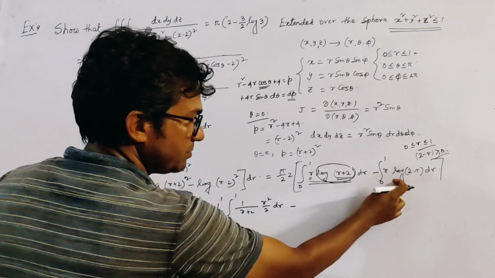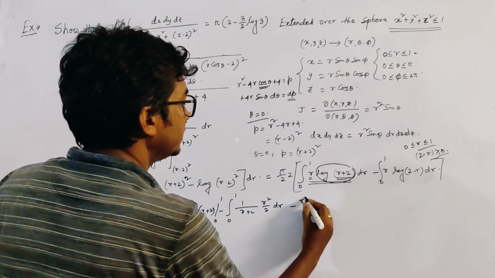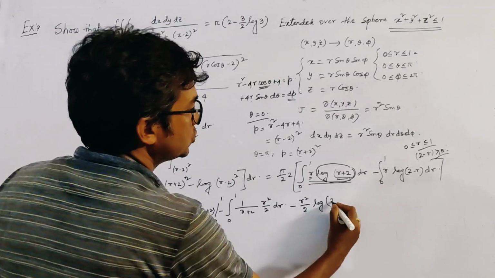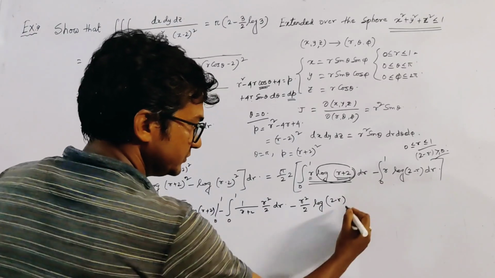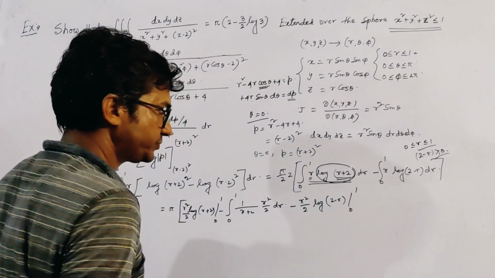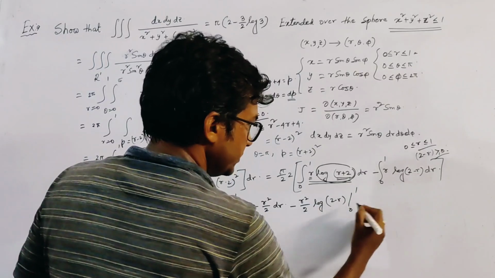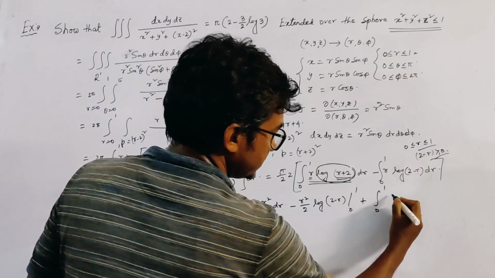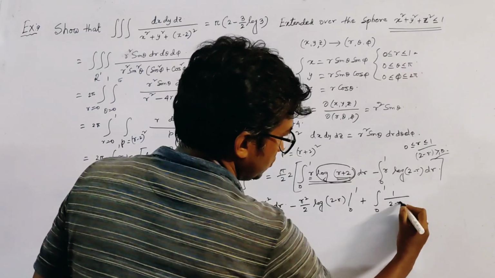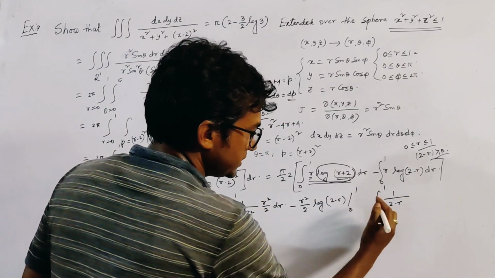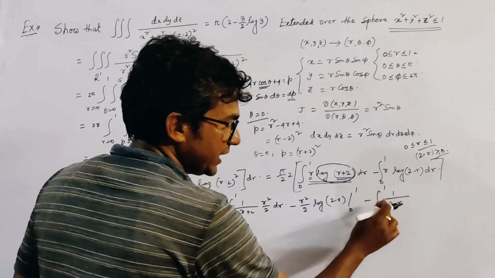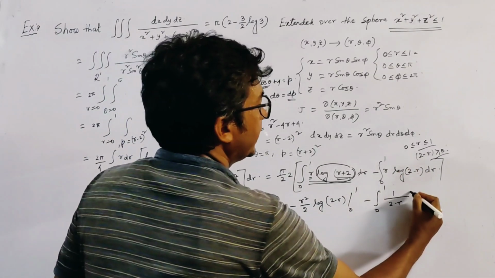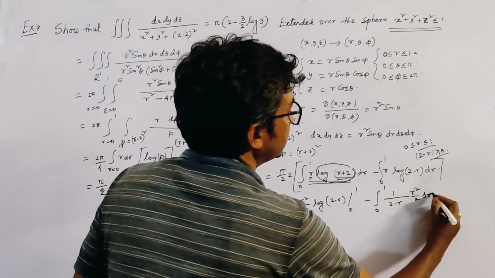And for the second term, we get r square by 2 into log(2 − r), the range is 0 to 1, and this is plus integration 0 to 1, 1 by (2 − r), this is minus here because we get another extra minus 1 for 2 − r, okay, and r square by 2 dr.